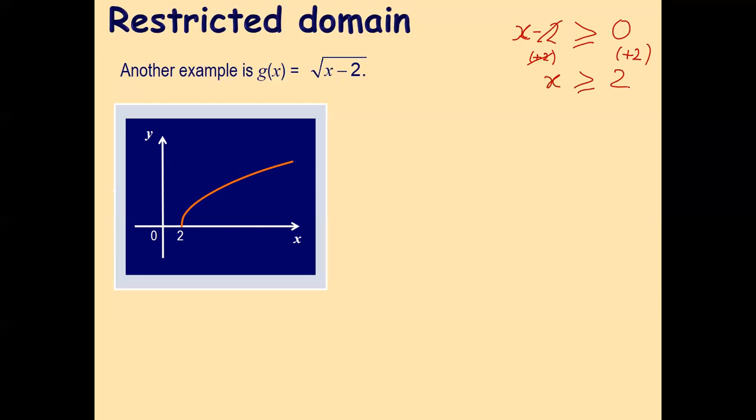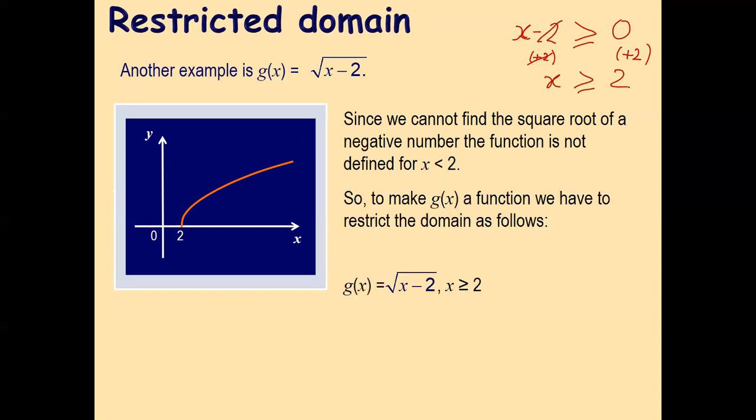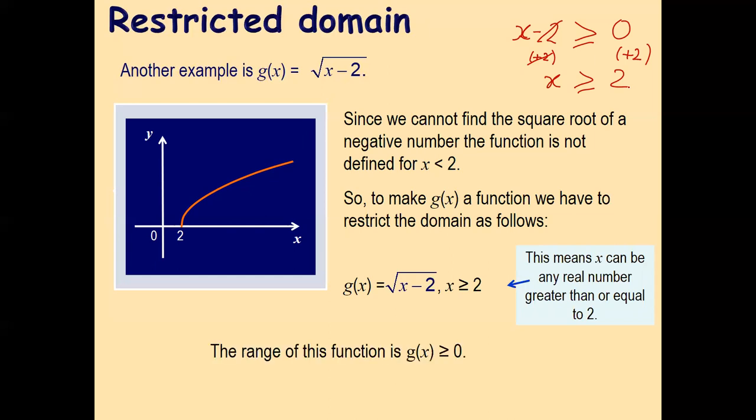Okay? So this is how you restrict it. Because we cannot find a square root of a negative number, the function here is not defined when x is less than 2. We say that this function works when x is greater than or equal to 2. Okay, so we've restricted the domain. This means x can be any real number greater than or equal to 2.